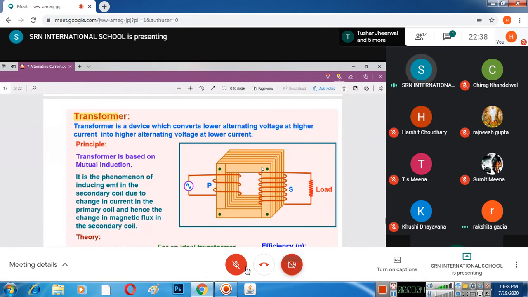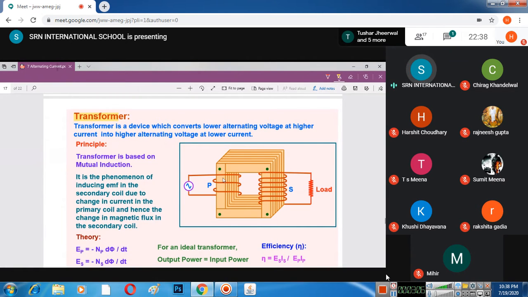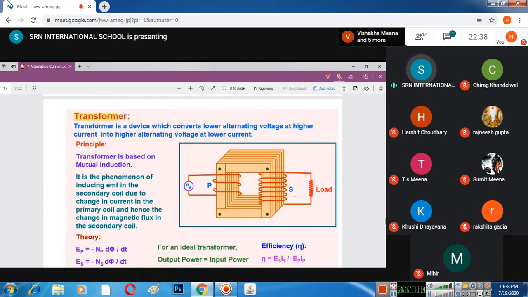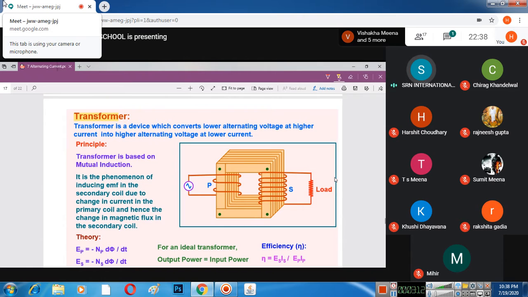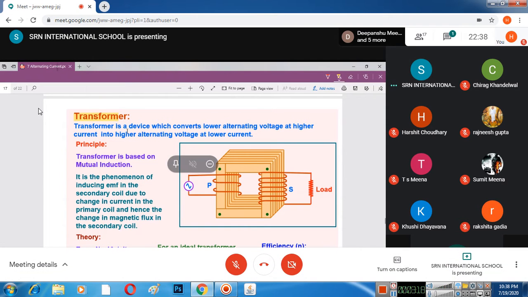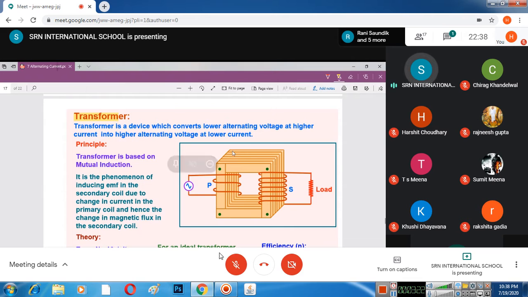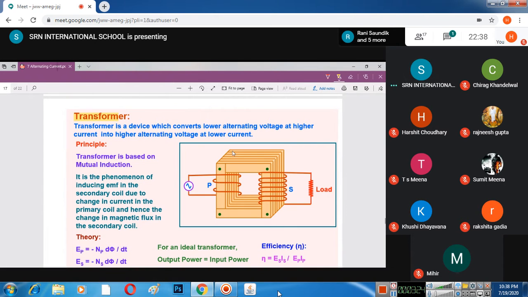Depending upon this arrangement, you can see here the primary coil is on the left hand side and the secondary coil is on the right hand side. Depending upon this arrangement of the primary coil and the secondary coil, transformers are divided into two types. One is the core type transformer, the second one is the shell type transformer. Now let me draw one diagram for you here.